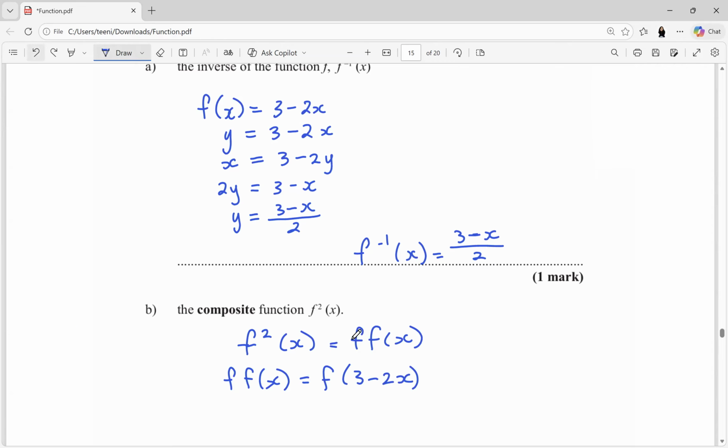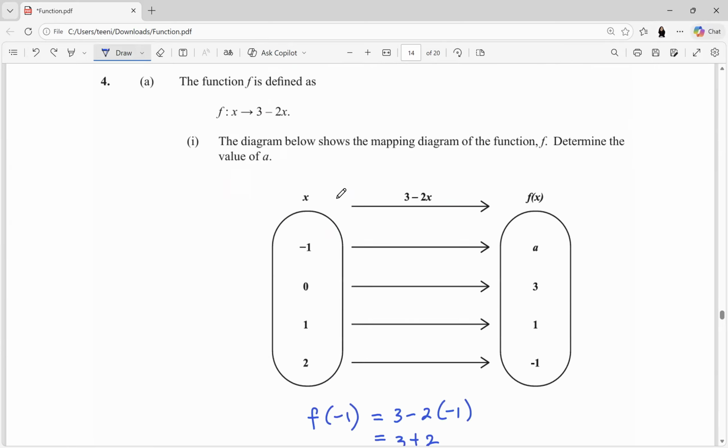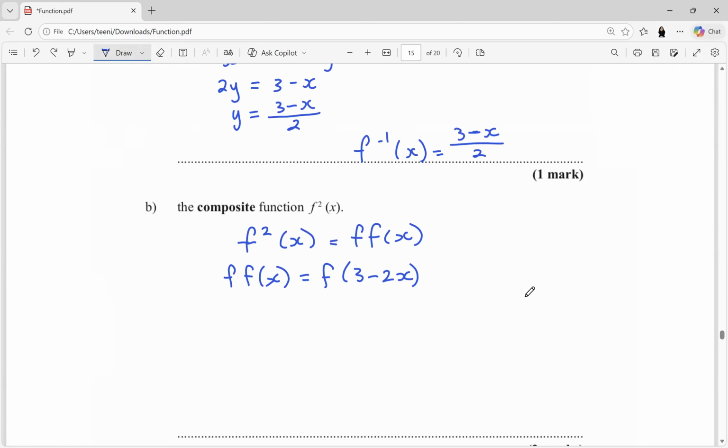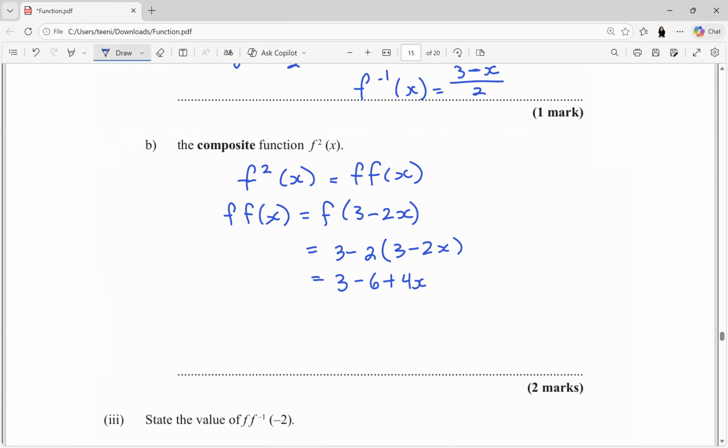So I'm substituting 3 minus 2x into the function f of x. So that would be 3 minus 2 times 3 minus 2x. That would give me 3 minus 2 times 3 is minus 6. Minus 2 times minus 2x is plus 4x. So 3 minus 6 is negative 3 plus 4x. So this is the function f squared x.